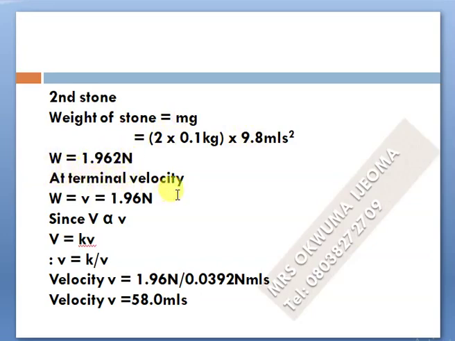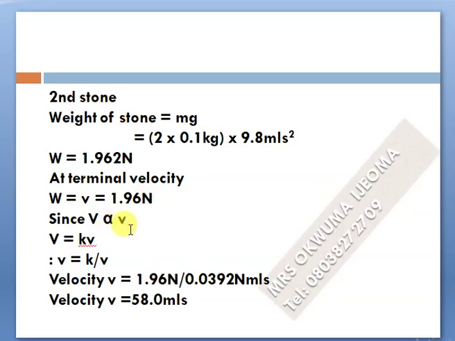And remember, at terminal velocity, the viscous force balances the weight, or the viscous drag is equal to the weight. So W is equal to V. Here this V is viscous drag. So my viscous drag here is 1.96 Newton. Now remember that velocity is proportional to what?